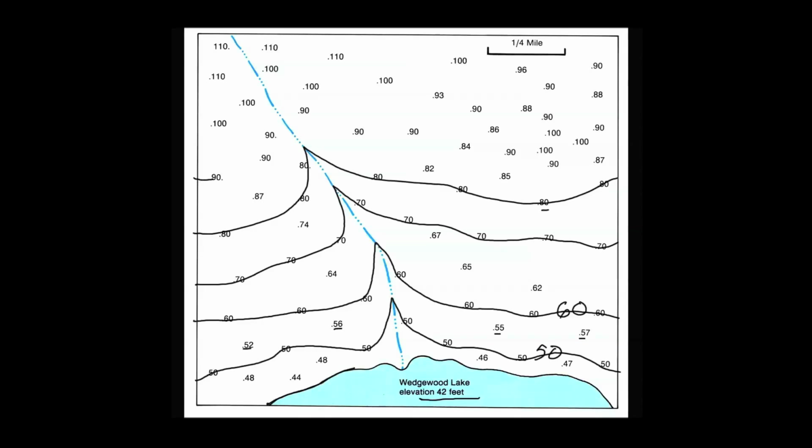Now we noted earlier that the 90-foot and the 100-foot elevations might be something to pay close attention to. So when I get to this point, I'm going to stop because I see 90s ahead of me in two different areas, and I have to decide what to do with that.